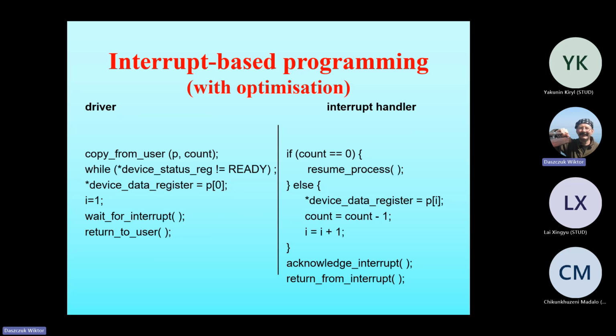This optimization is, we can say, a typical one, because it reduces the number of interrupts that cause resuming of the process. Typically, we resume the process only once per transmission, not for every character.